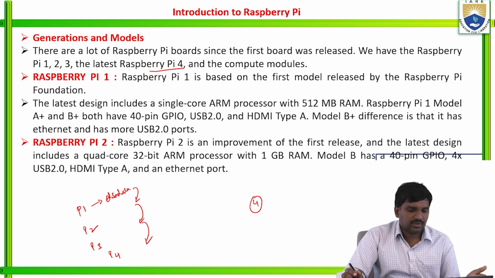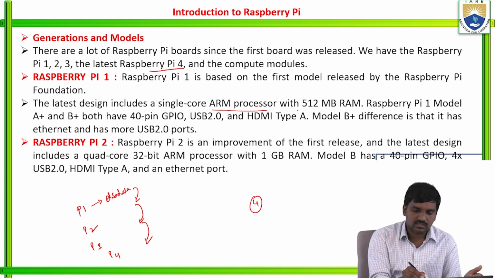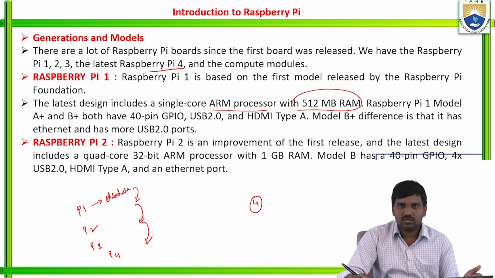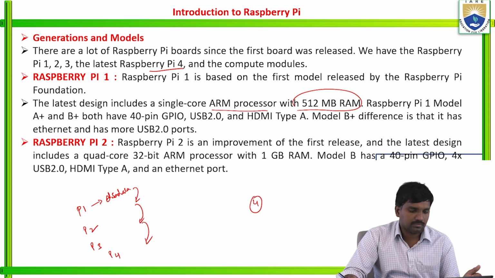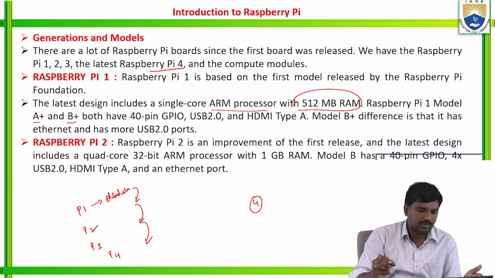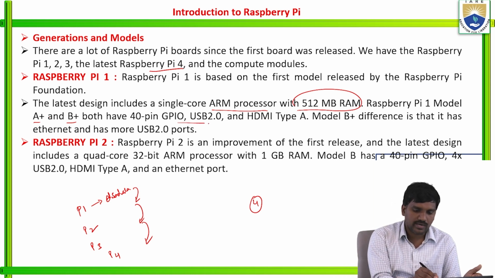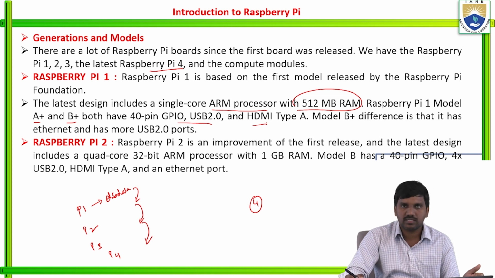Here the P1 specifications: Raspberry Pi P1 is based on the first model released by the Raspberry Pi Foundation. The latest design includes a single ARM processor with 512 megabytes of RAM. Raspberry Pi model A plus and B plus are the models. A plus and B plus both have 40 general purpose input output pins, USB 2.0, and an HDMI port.